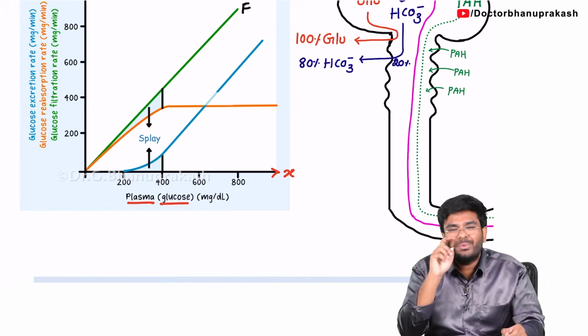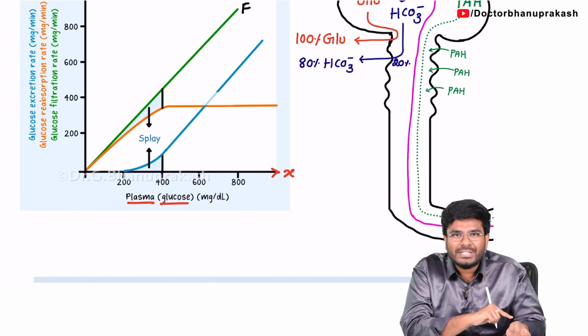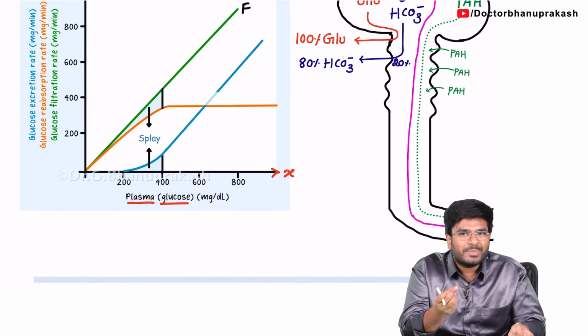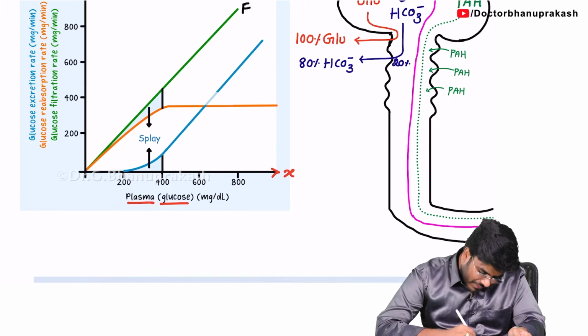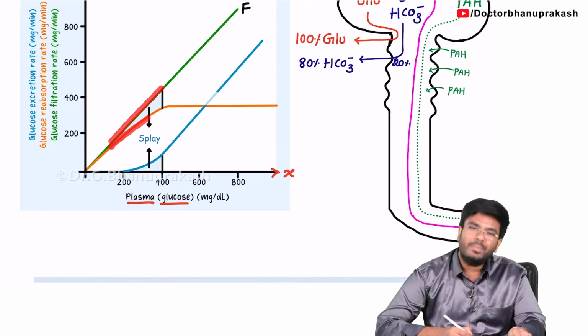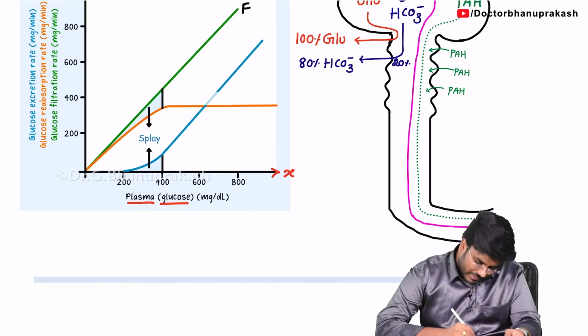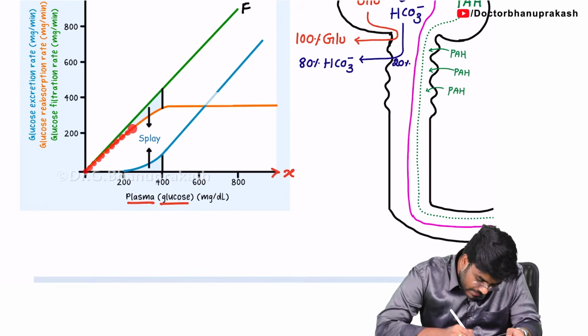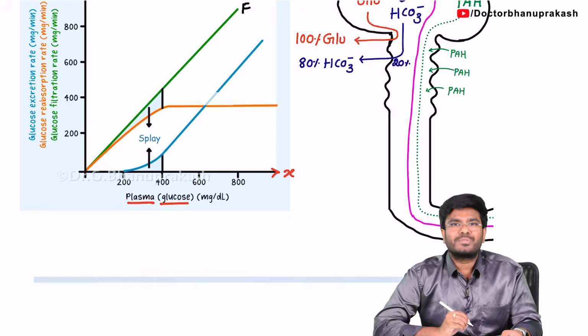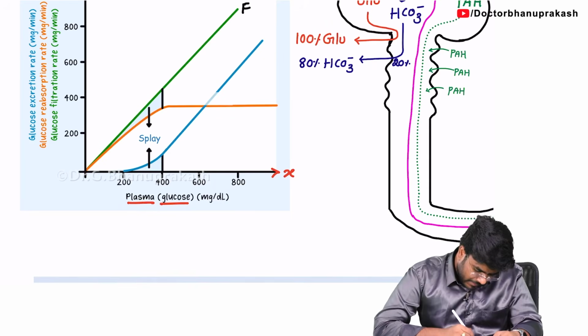Why? Because I have taught you, when the plasma glucose is reaching 200, some glucose, because of the weak nephron, is getting lost. So whatever is getting filtered, is that getting reabsorbed? No. So this curve which I am showing in the orange color is the glucose reabsorption curve. But in the beginning, reabsorption increases.